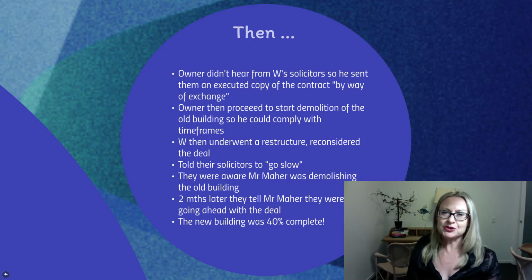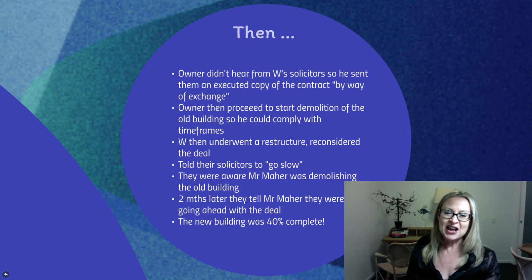But as a result of Walton's restructure, the decision was made that they didn't want to go ahead with this deal. And they thought, oh, Bob's your uncle. You know, we haven't signed anything. It's all good. We've got no binding contractual relations. They told the solicitors to go slow, but they didn't pull out then and there.